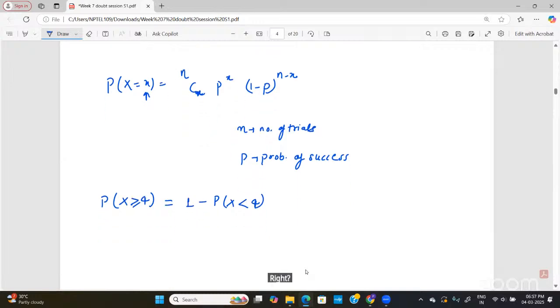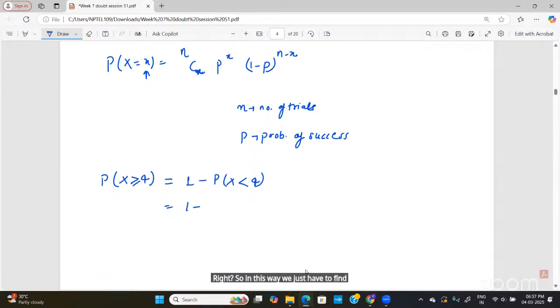So we just have to find 1 minus probability. It will start from 0, because either the student will solve no question correctly, so it will be 0. Then we have to find for 1, then for 2, and then for 3.